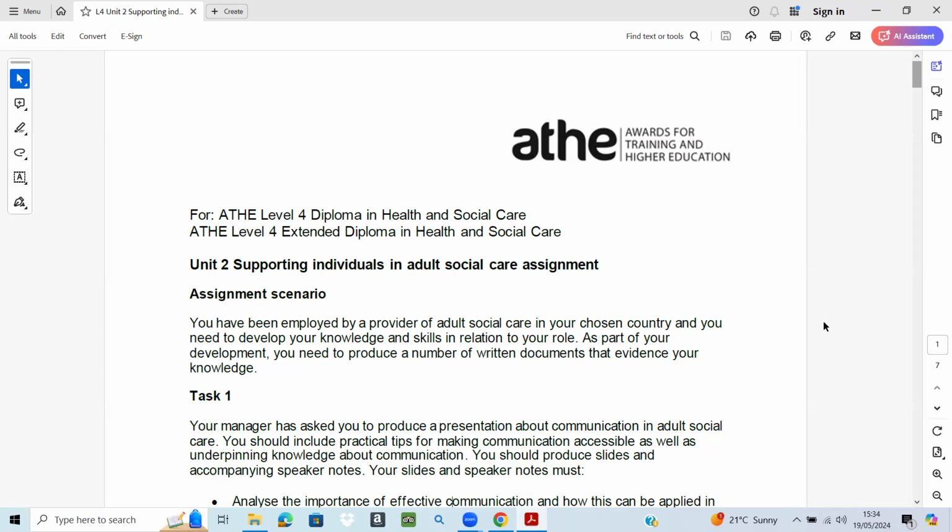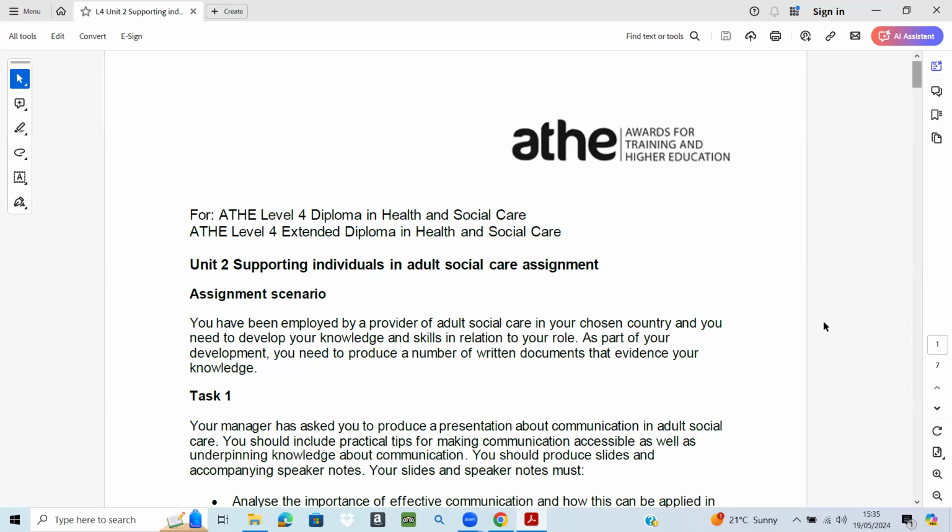Then in Learning Outcome 1, we discussed models of communication related to the health and social care context, and methods of communication like verbal, non-verbal, written, electronic, etc.